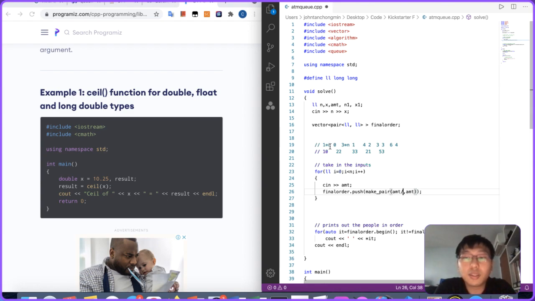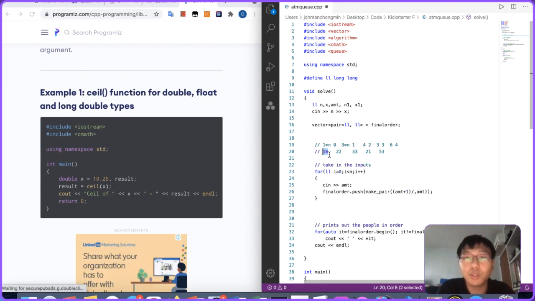What I was thinking of is I can simply use amount plus one. This is an idea I have. If a person has 10, it will be 11, and 11 divided by the amount he will get one. Maybe I should do amount minus one instead.